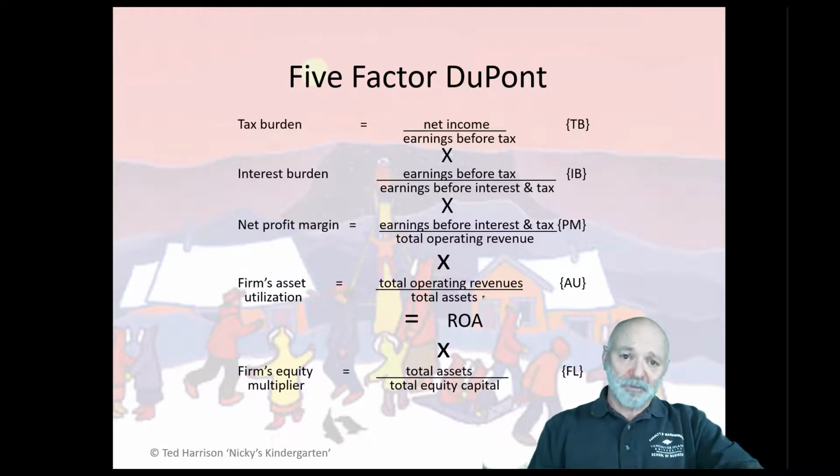The interest burden is earnings before tax divided by EBIT, earnings before interest and tax. And again, the higher the amount of interest that's paid, the lower the ratio, up to 1 where the company has no interest. And theoretically, for both of these numbers, it's possible to see a positive number greater than 1.